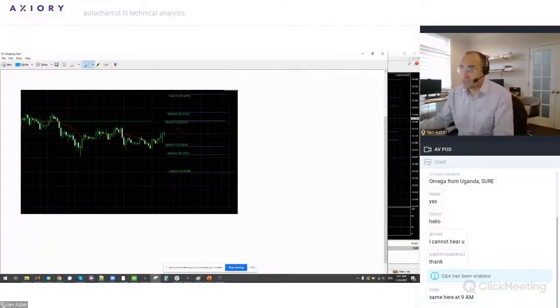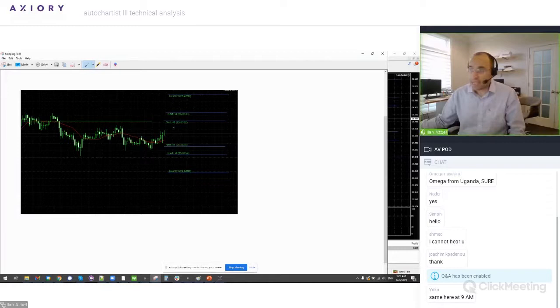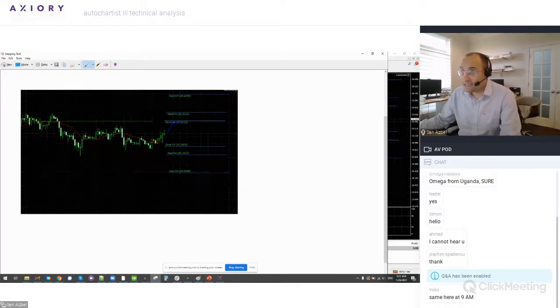So check this out. One way to trade this is to go long at the current spot price with a take profit over here. The other way to trade this is to set a sell limit at this level going short.